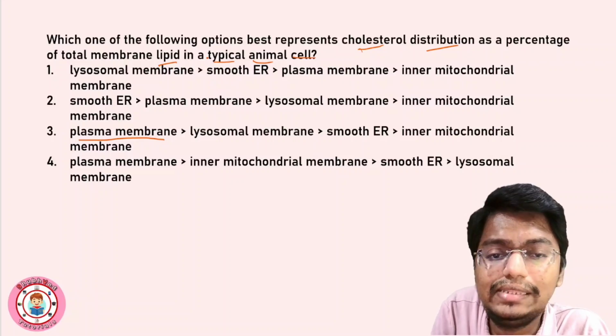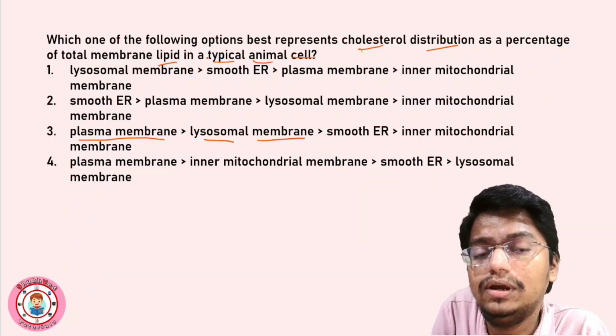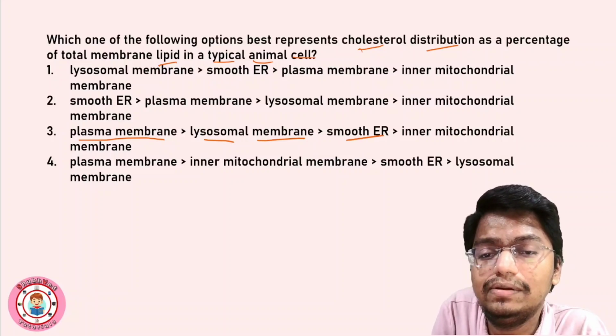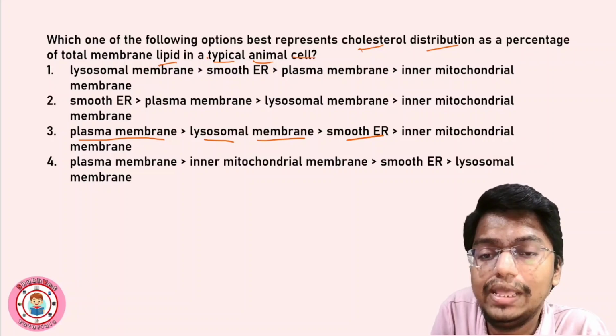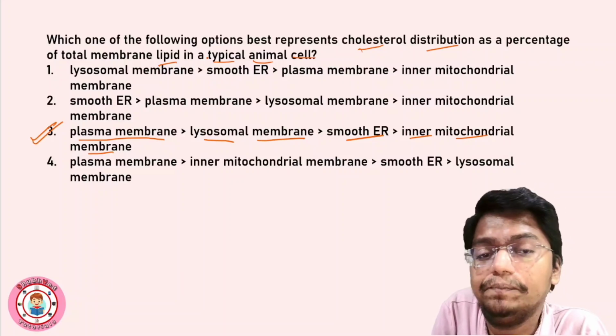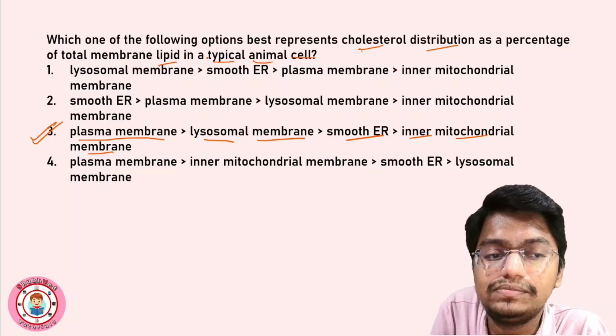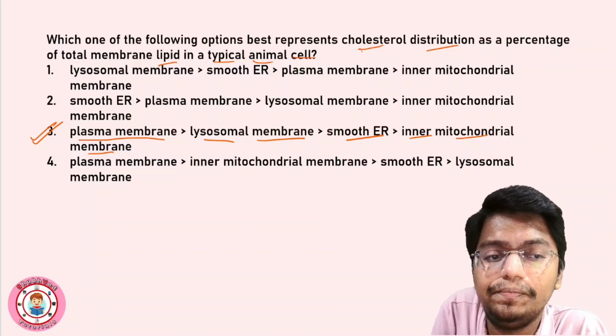Then lysosomal membrane. Lysosome we know, degradation happens there, right? Then smooth ER, which is responsible for lipid synthesis, right? So cholesterol will be there. And then last, inner mitochondrial membrane. So option 3 is the answer. Got it? Just remember this. This is a direct question.